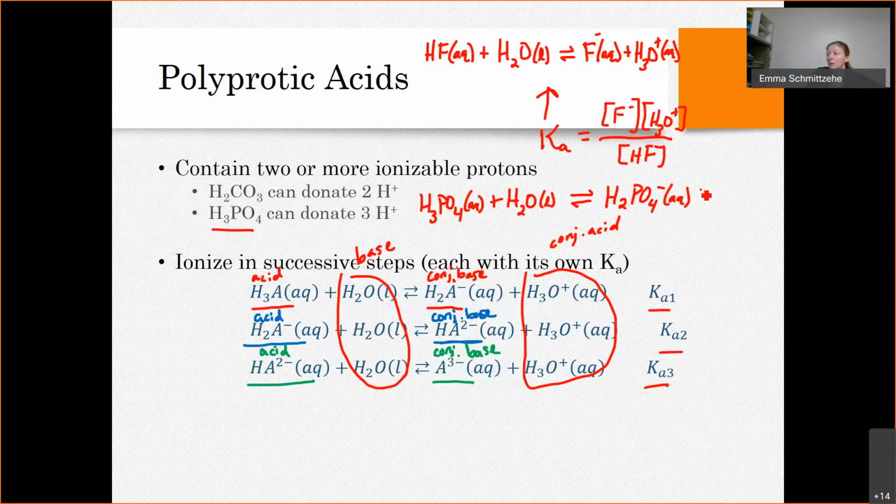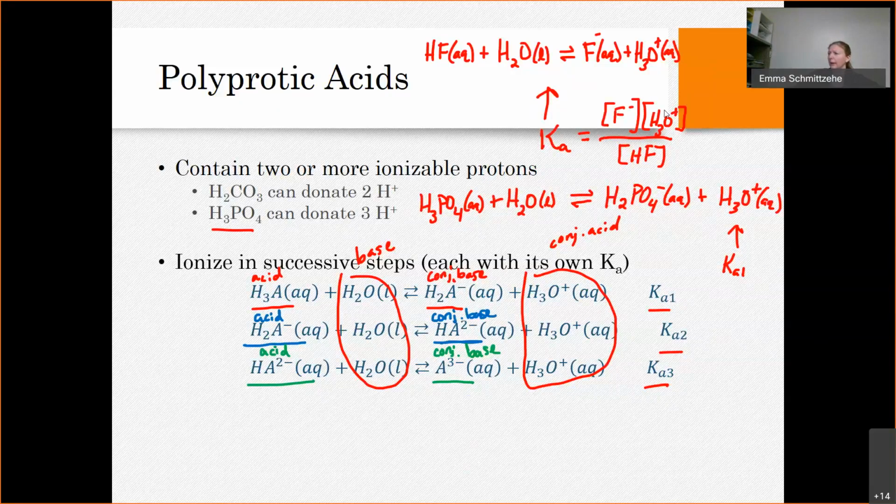And then that H+ attaches to the water molecule, so it forms the H3O+, okay? So this would be the first step for H3PO4's ionization in water. And so that would have a Ka1 associated with it. And that Ka1, you can write an equation for, taking the products of that reaction and putting it over the reactants. But remember, we drop water out of that equation because it's a pure liquid, okay? And liquids and solids, we don't put in those equations, okay?